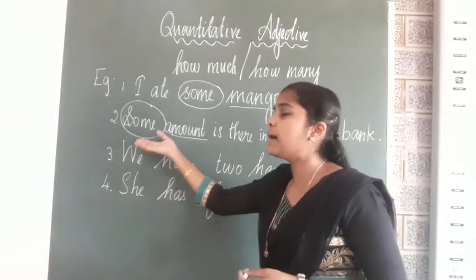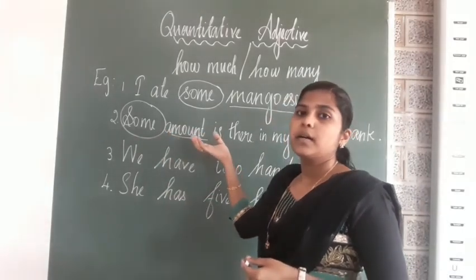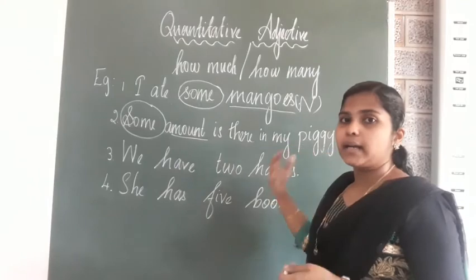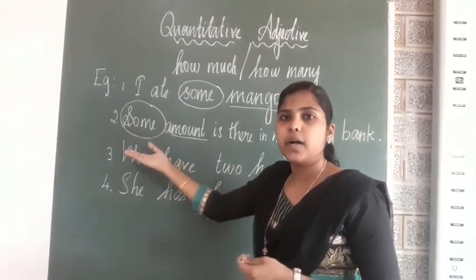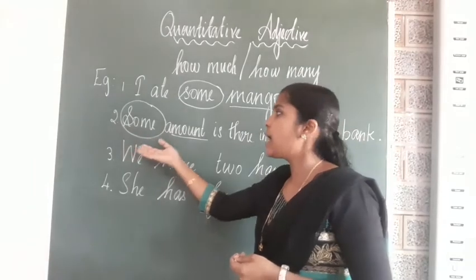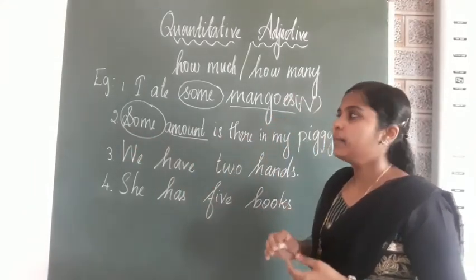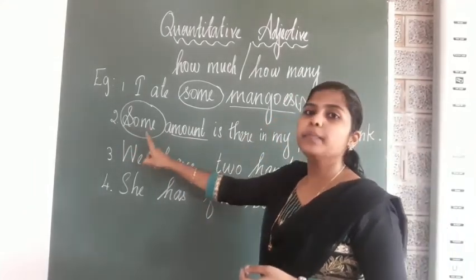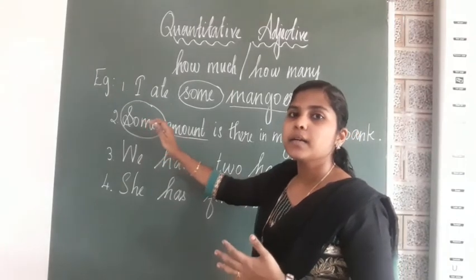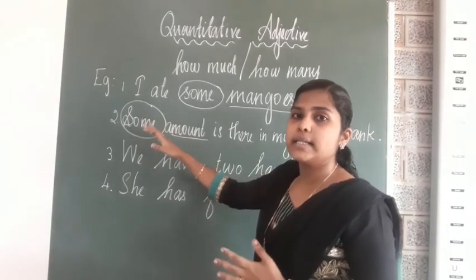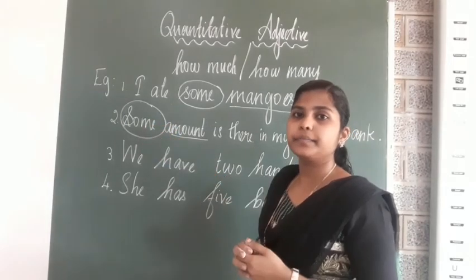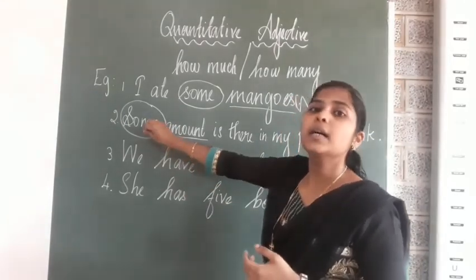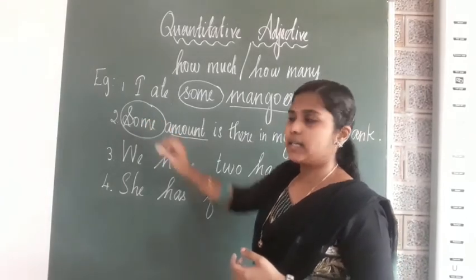I am saying some amount. How much? Some amount. Maybe 100 or 200 rupees. This word some is describing, it shows the quantity, isn't it? How much is there in my piggy bank? So, this word is a quantitative adjective.